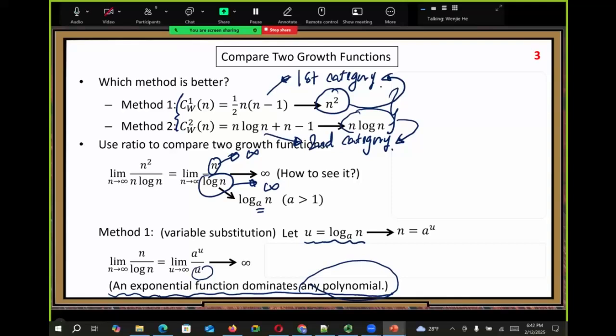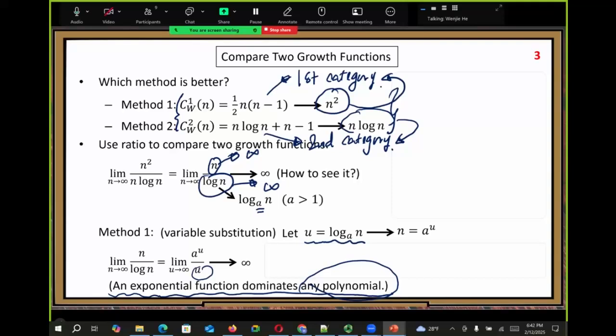Although that is a basic fact people use in everyday life, if you want to see the justification, because some students may want to know why, we can prove it.